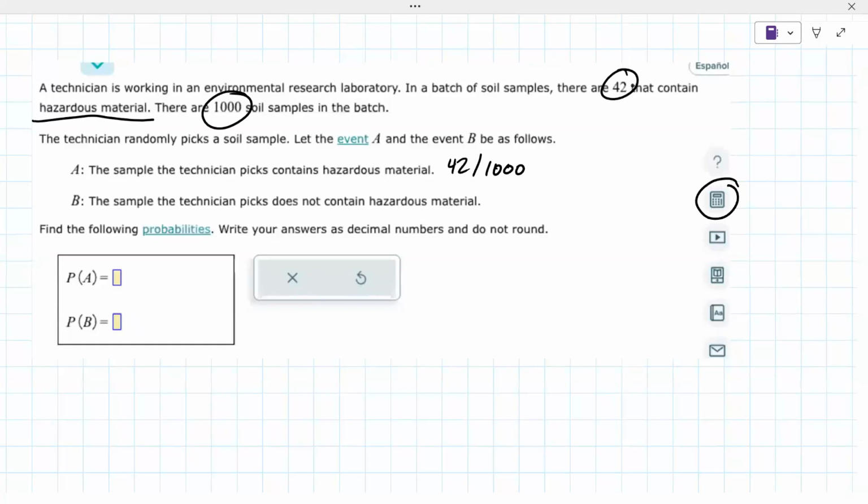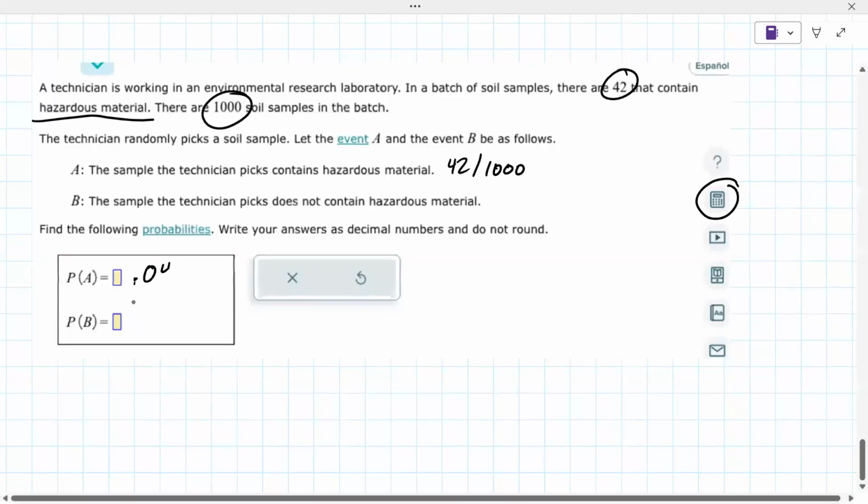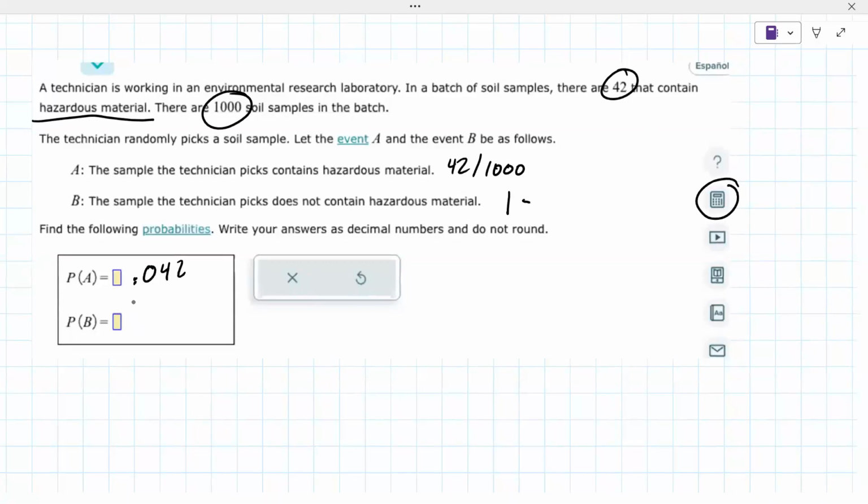Is this calculator icon available to you? Yeah, it is. Okay, could you do 42 over 1,000 and read me the result? Yes, I can. 0.042. Yes, 0.042. And so the not, there's a couple ways to do it. I would prefer you to do this 1 minus 0.042. That would be your best way to do the nots.